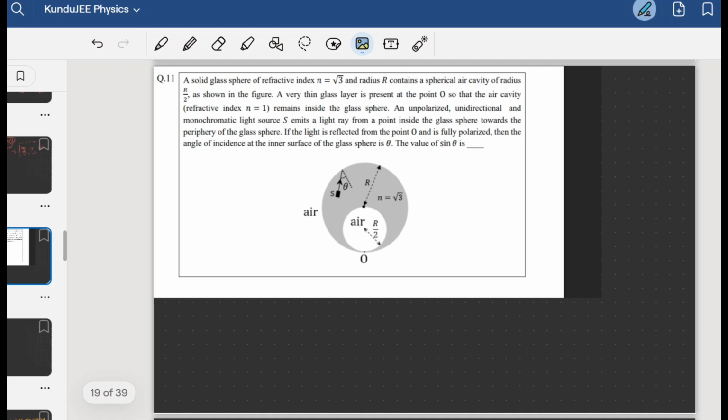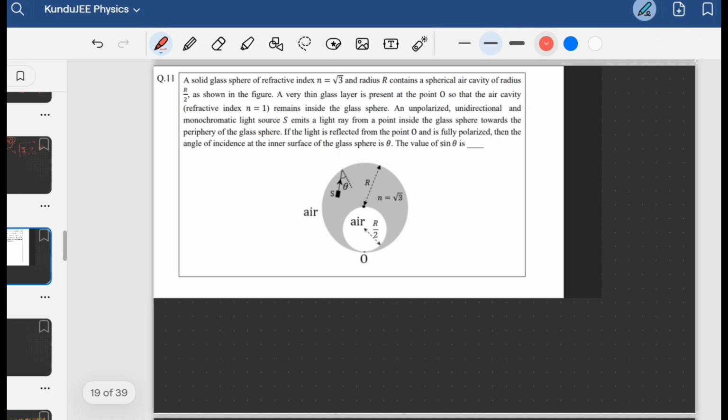Now question number 11 we'll see. Actually this problem requires a lot of drawing, so I'll try my best to draw. A solid glass sphere of refractive index n equal to root 3 and radius capital R contains a spherical air cavity of radius R by 2 as shown in the figure. So this is the air cavity, and this is the glass which is gray color.